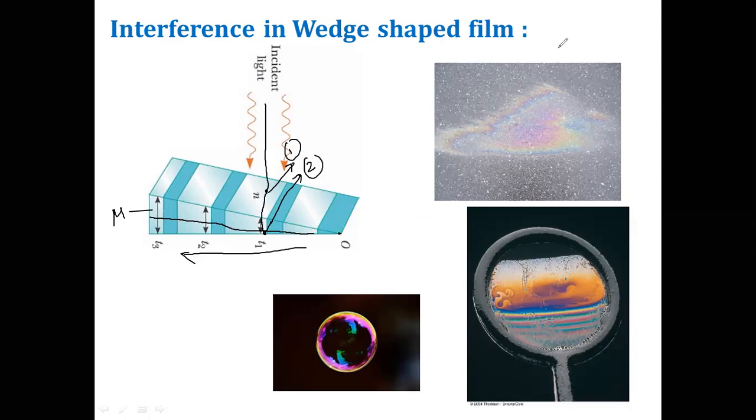So if we talk about the derivation of this, in the last class we said that we are not going to do the derivation for this, but from our previous case of parallel thin film, if we talk about the wedge shaped thin film, where we said that the film would look something like this.